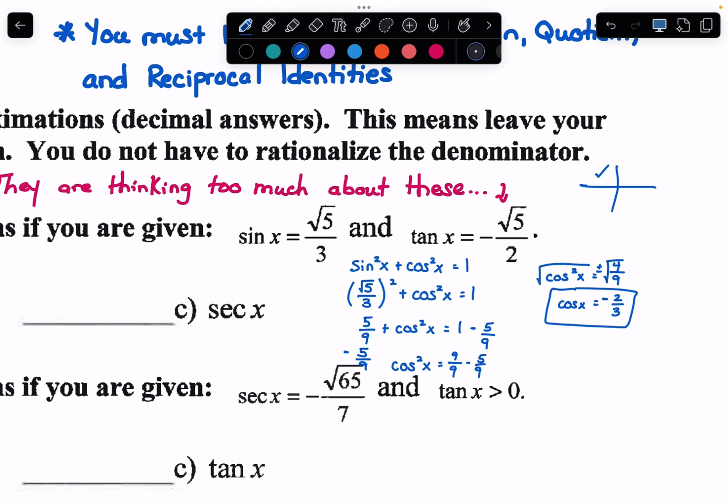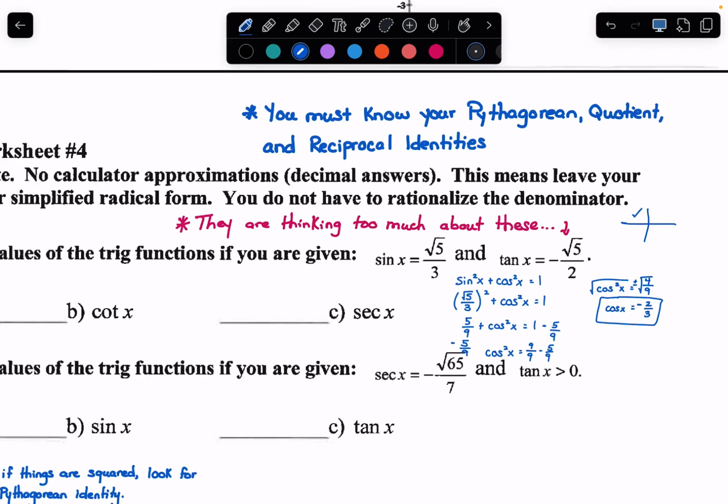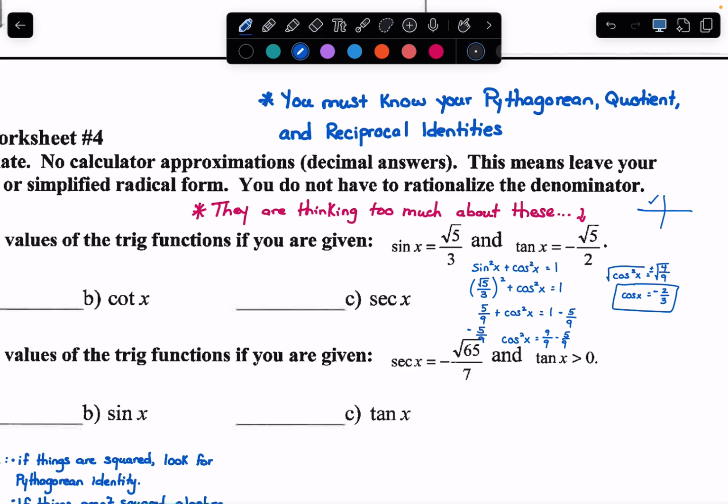So what is secant? -3/2, right? What is cotangent? -2 over the square root of 5, right? All I did, that was just flipping stuff. Okay?